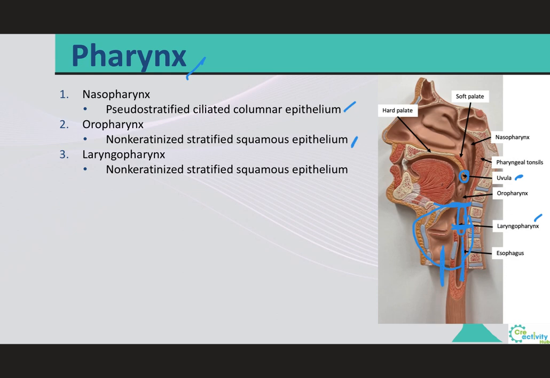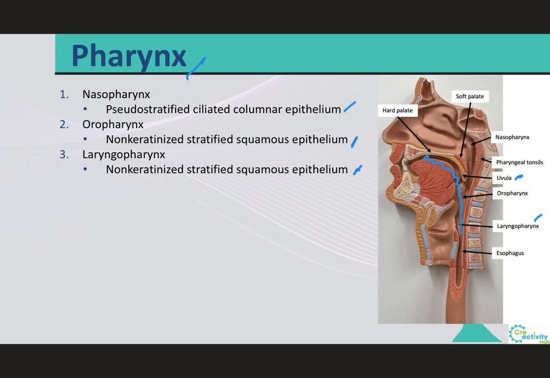The laryngopharynx is going to be the most inferior part of the pharynx, and like the oropharynx, it's going to be lined by non-keratinized stratified squamous epithelium that will be able to resist the mechanical abrasion, the chemical attack, and the pathogenic invasion, as it will also be shared by the digestive system.